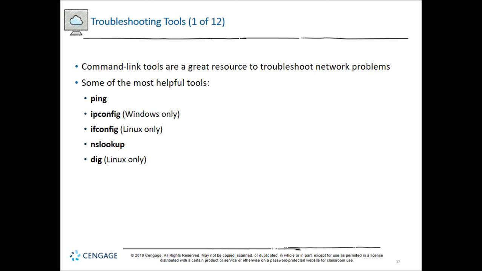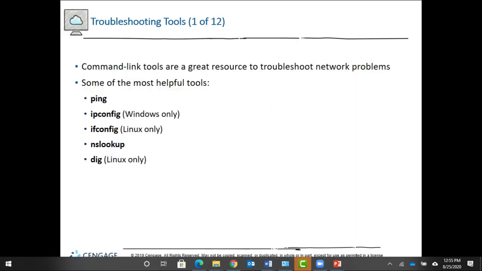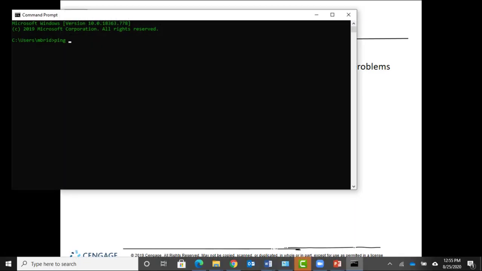Commands that you might want to use during troubleshooting. Some of the easiest ones that we use is the ping command. It's the best way to find out if I have connectivity to a device. So for example, you open up a command line and I might say ping, what did I say my server was here? 192.168.100.8, and it'll tell me whether or not I actually have connectivity.